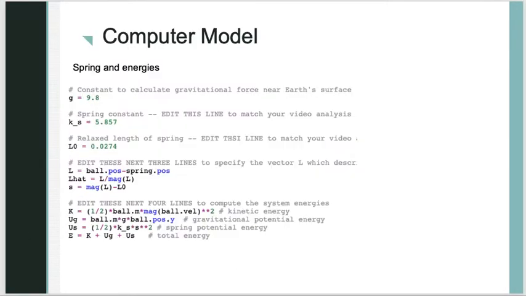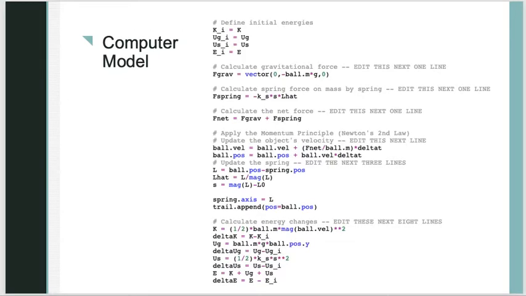Here's the computer model that I constructed. In these lines of the code, I constructed the necessary values for the spring and energies. Here's the calculation part of the computer model. First, I calculate the initial energy, and then the gravitational and spring force.